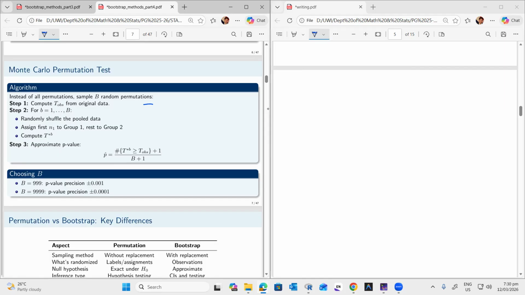In the Monte Carlo procedure, T observed we use as a constant term. Okay. And after that, for b equals 1 to B, say 10,000, we perform capital B independent permutation cycles. Each cycle produces one T star b.